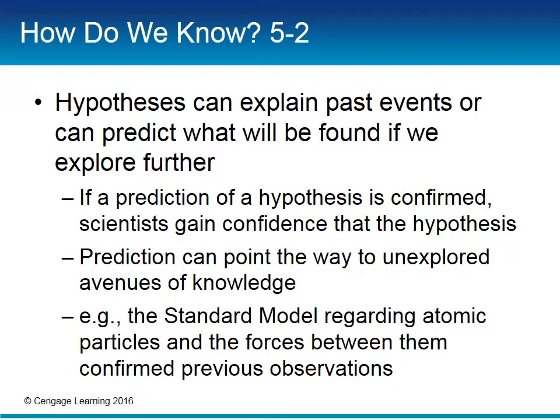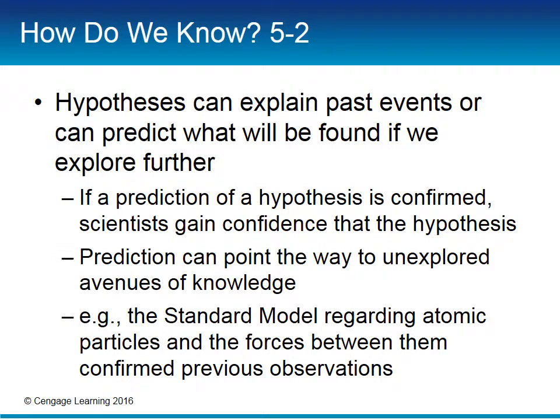Sir Isaac Newton used the scientific method to discover many things. Part of the scientific method is a hypothesis. A hypothesis can explain past events, or it can predict what will be found if we explore further.